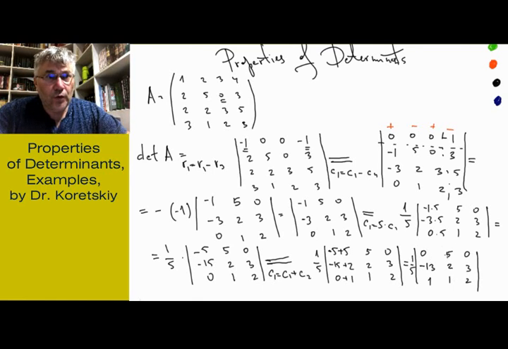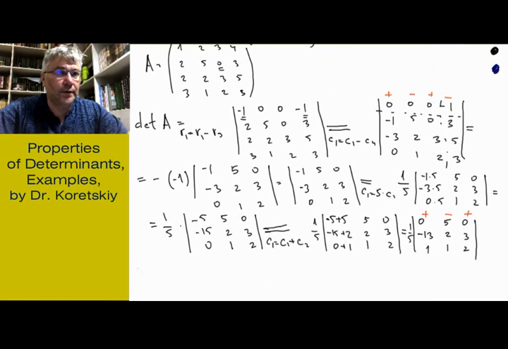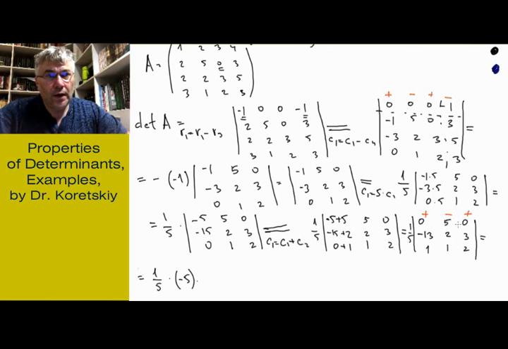Look, in the first row we have just one number, and we can use this row as a basis for expanding this determinant. But first we have to define the sign of the factors. So we have plus, minus, plus. So 5 goes with this sign minus, and we have 1 over 5 times minus 5 times, and 5 goes with the rest part matrix consisting of minus 13, 3, 1, 2.